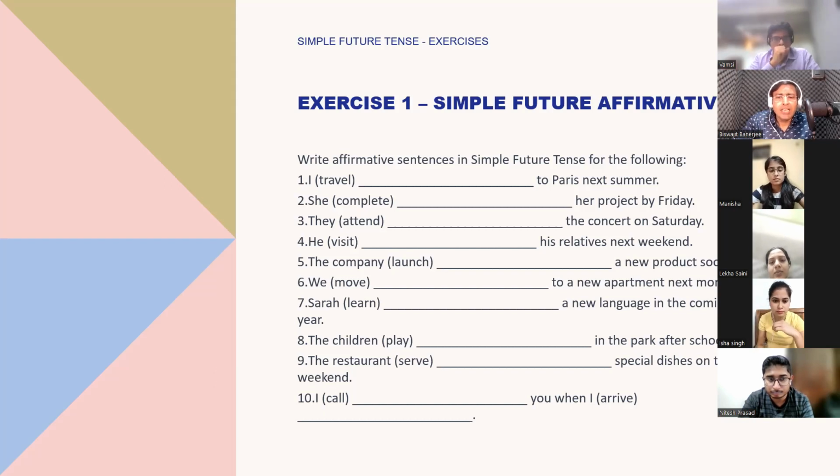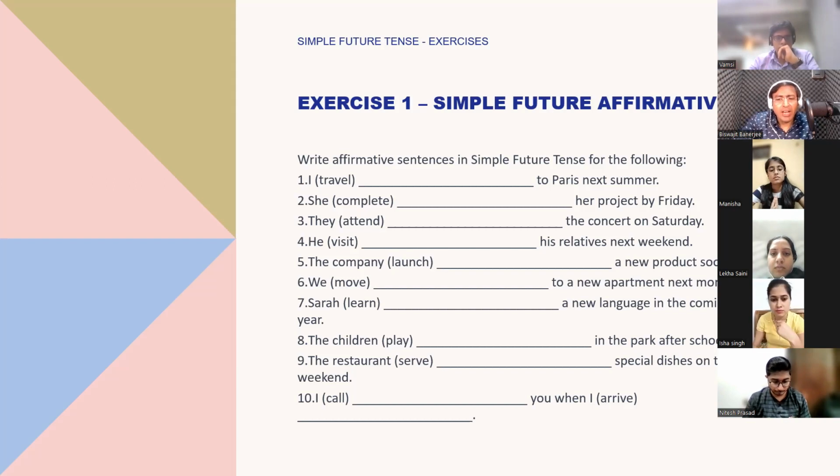Correct. Isha, he dash his relatives next weekend. He will visit his relatives next weekend. Correct. Nitesh, the company dash a new product soon. The company will launch a new product soon. Correct. Pallavi, we move dash to a new apartment next month. We will move to a new apartment next month. Correct.